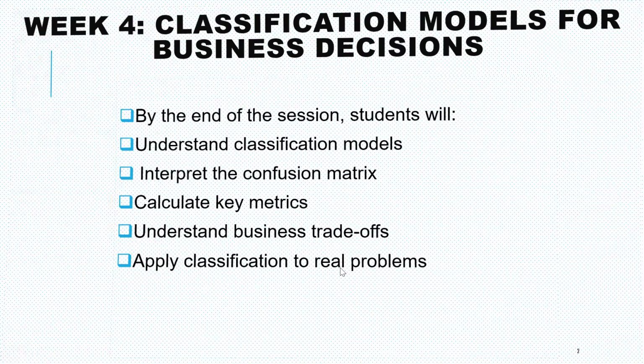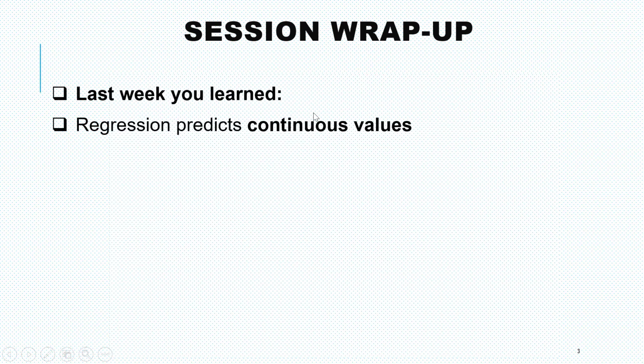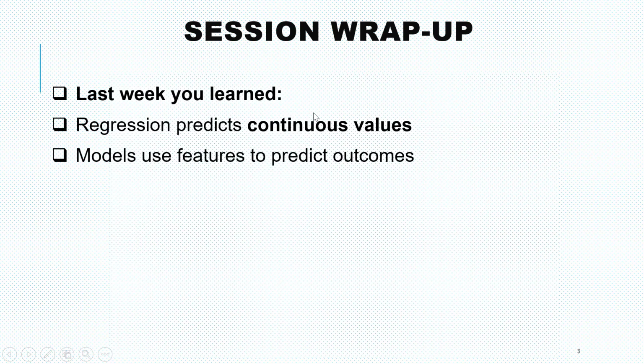So let's start. Last week, we learned about regression that predicts what? Continuous values. And we learned that models use features to predict the outcome. And when we talk about features, we mean the variables you are considering. We want to predict sales.